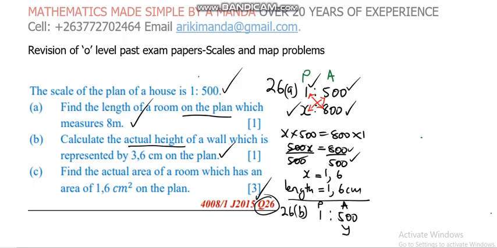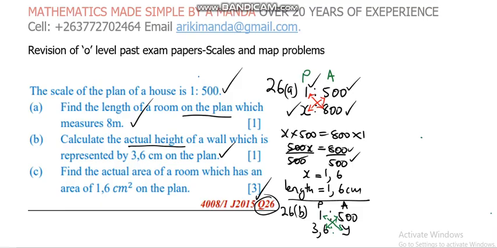And what are we given? We're given the measurement on the plan, which is 3.6. Like what we did on A, we'll cross multiply. This one and this y will multiply, and then we equate to this 500 multiplying by the 3.6.